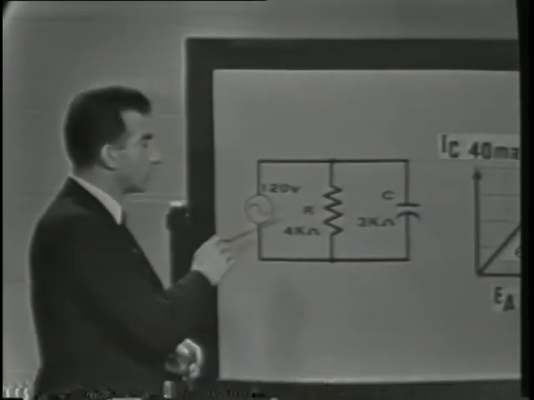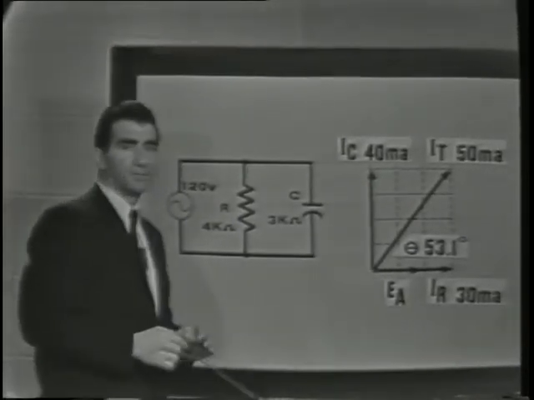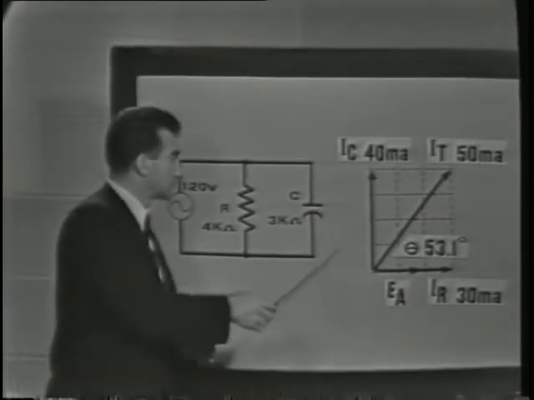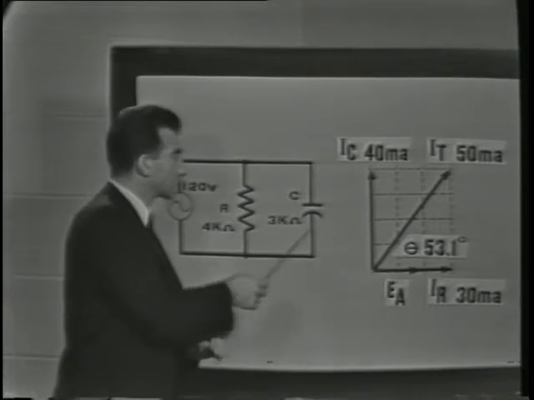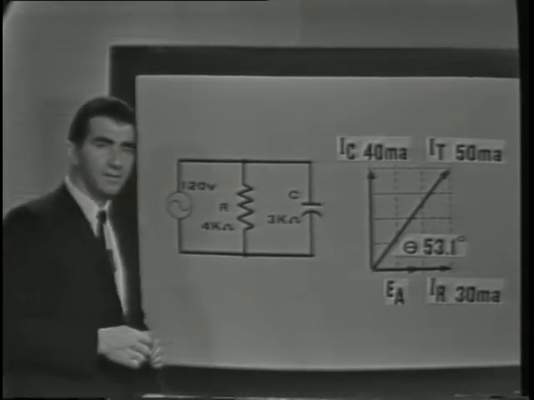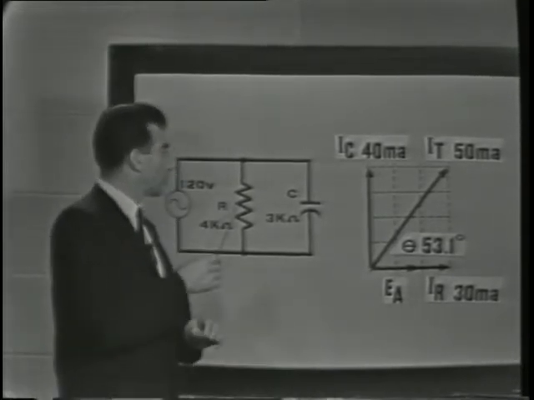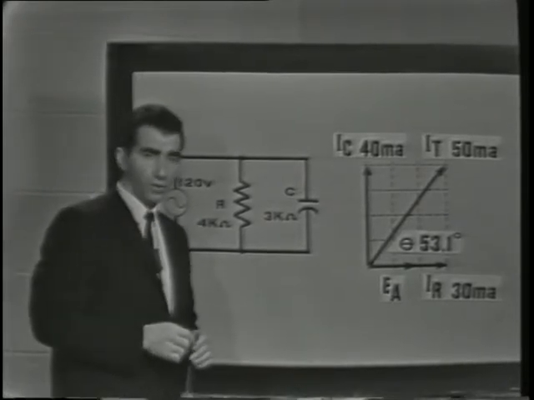Let's review the facts we've discussed within the last few minutes. First, we saw that EA, or the voltage applied, was used as the reference vector. And the phase difference in this circuit was shown by the branch currents, IR and IC. And the branch current values were determined by applying Ohm's law.